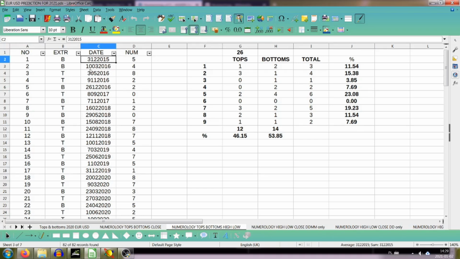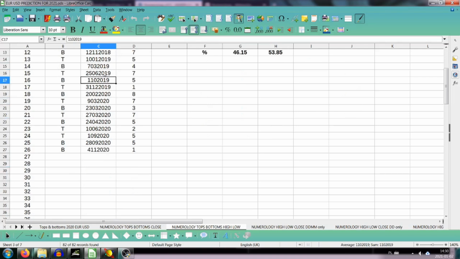No, sorry, it's 2015. 10 of March 2016, 7 of November 2017, 11 of February 2019, and for the previous year, 20th of February 2020, which is an important bottom, 9 of March, which is top of the swing, and 23rd of March is the bottom, very bottom, the low of Euro USD for a pretty long time.